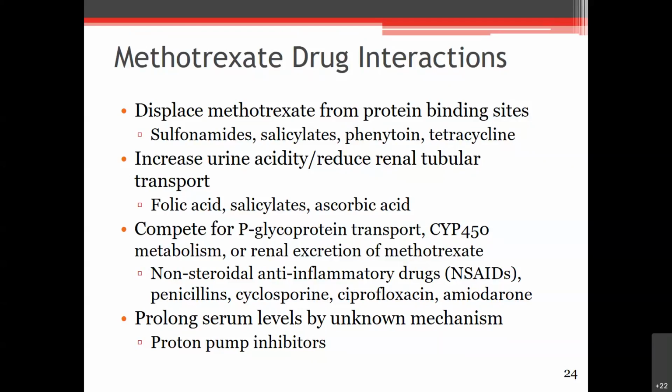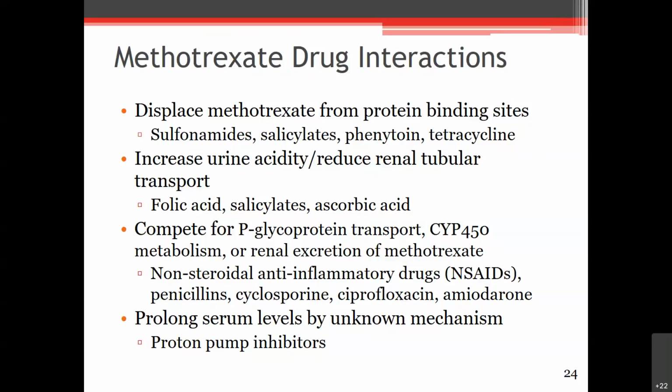The next type of interaction is meds that compete for P-glycoprotein transport, CYP450 metabolism, or renal excretion of methotrexate. And this includes meds such as NSAIDs, penicillins, and ciprofloxacin. So it's not that uncommon that a patient may develop neutropenic fever while they're in the hospital waiting for their methotrexate to clear.